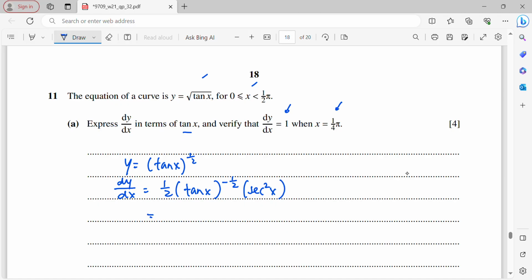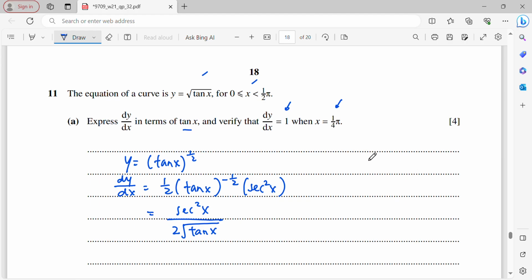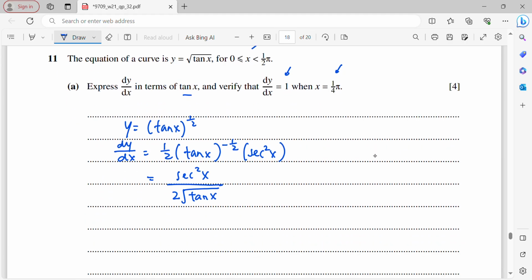Alright, so now when I simplify, I will get sec squared x over 2, because there is 1 half there, and the power is negative half for the tan. It becomes square root of tan x, and this is in the denominator. So this is my dy/dx. Okay, done for the first part.